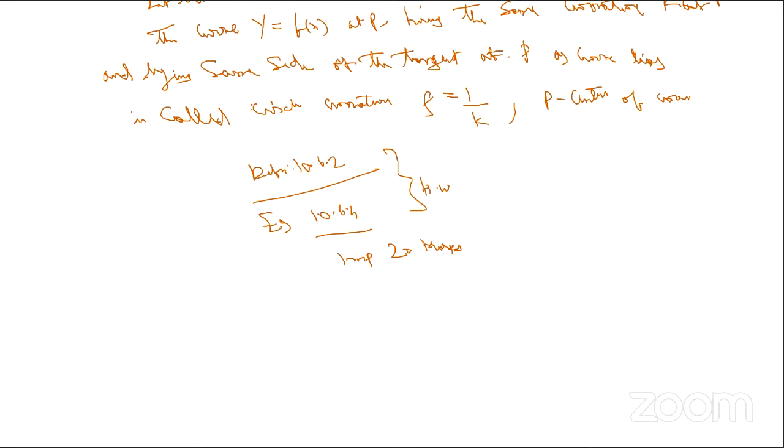You have to practice. Most important: in a 20 marks question, you need to write the first, second, and third parts, then only they will give 20 marks. The question is: calculate the radius and center of curvature for the hyperbola. So definition and example are 20 marks questions.